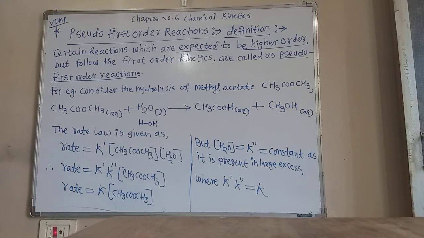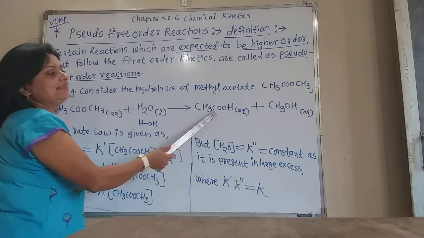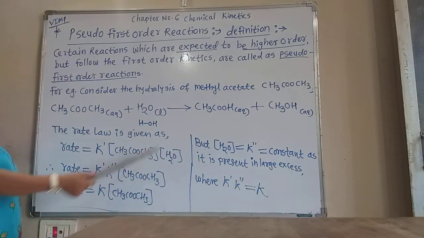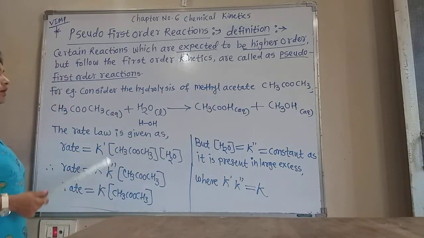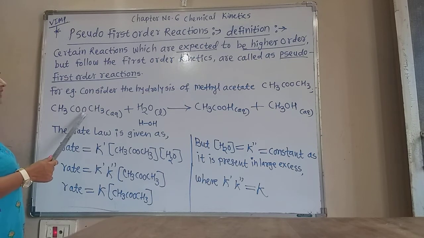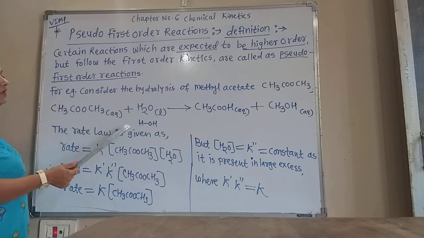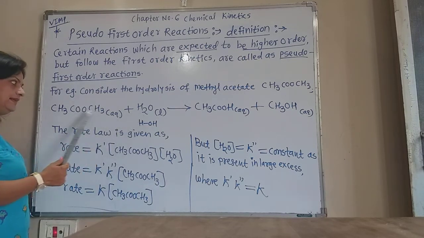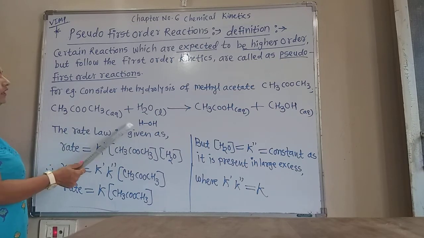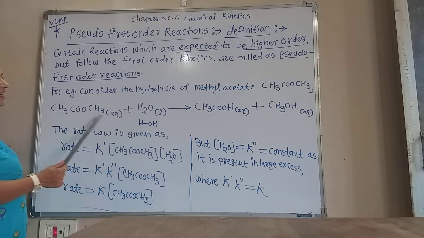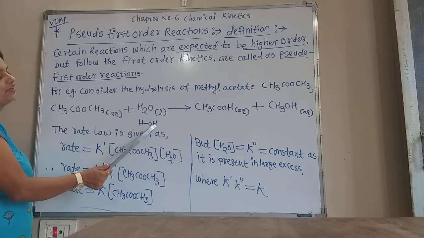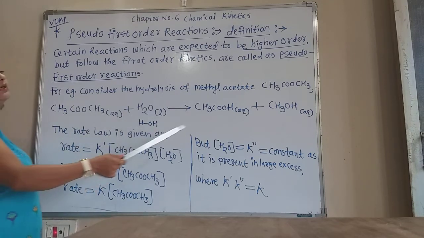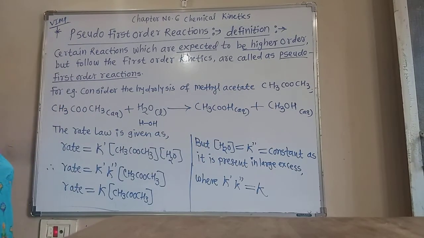What is the product of the hydrolysis of the ester? It gives the acid and the alcohol, that is acetic acid and methyl alcohol, because it gets hydrolyzed by the water. Now it gives CH3COOH, that is the acid, and CH3OH, the alcohol.